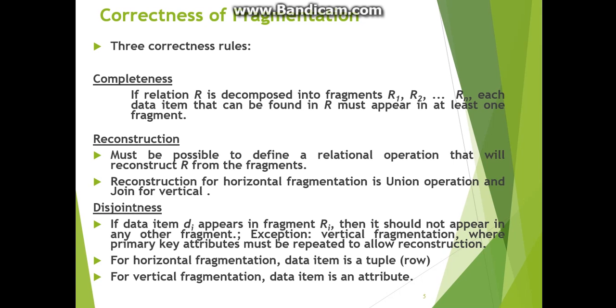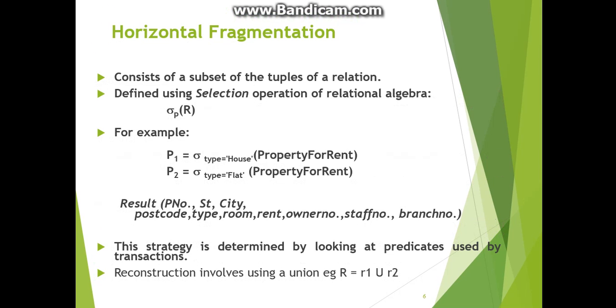The next is let's focus on the types of fragmentation. The first type is horizontal fragmentation. It consists of a subset of the tuples of a relation. It is defined using the selection operation in relational algebra, which is the sigma symbol. The selection operation works only on the tuples, unlike in SQL.